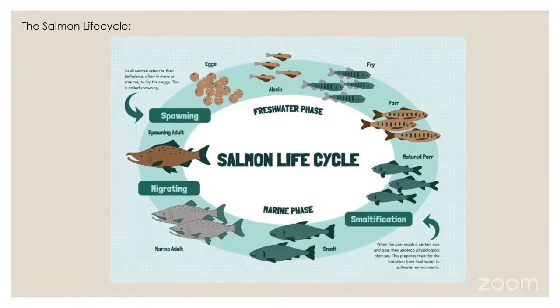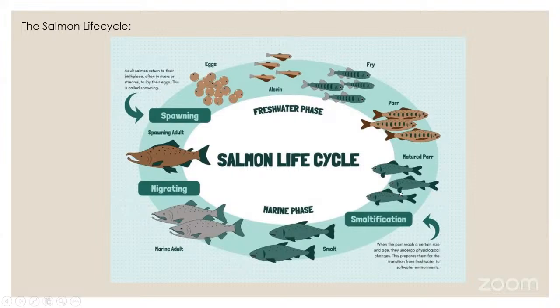Then the fish further grows, which is called parr, and then they become mature parr. Until then, it happens in freshwater, so it is called the freshwater phase.